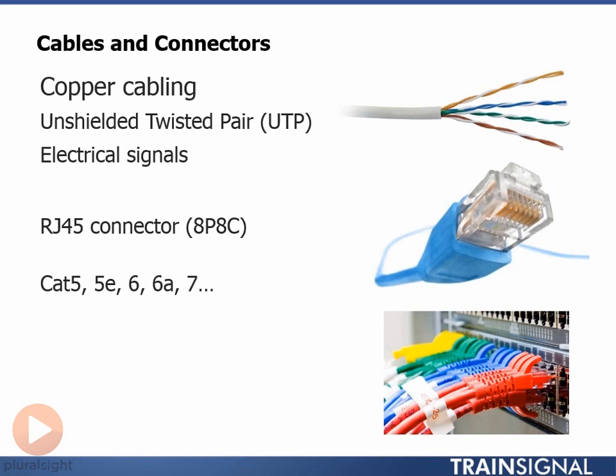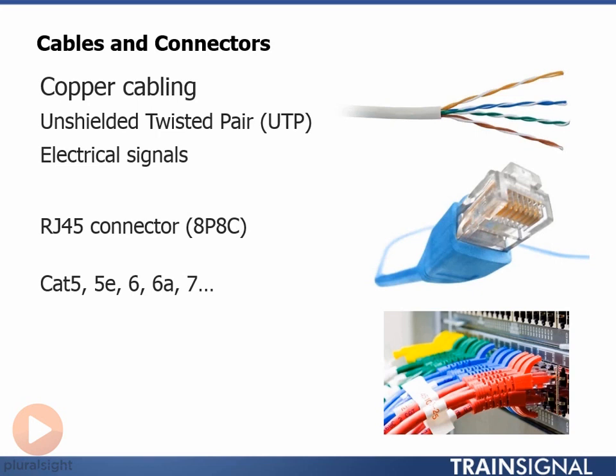Anyway, inside of each of the different categories of cables are 4 twisted pairs of copper wire. And as we said, they're usually terminated at each end with a male RJ45 connector. There's an amount of backward compatibility between the different categories of cables too. So for example, a Cat 6 based cable is backward compatible with Cat 5 cables.